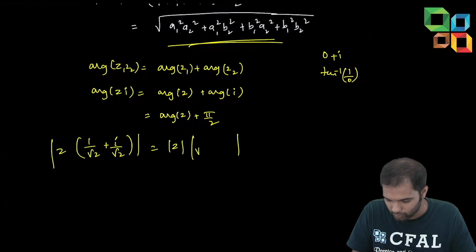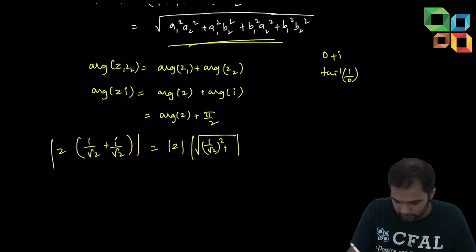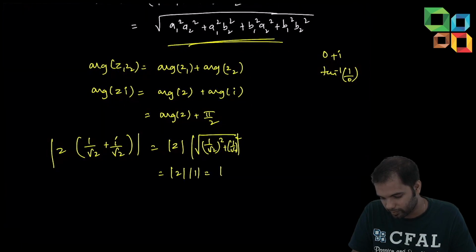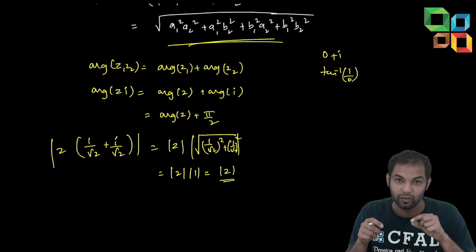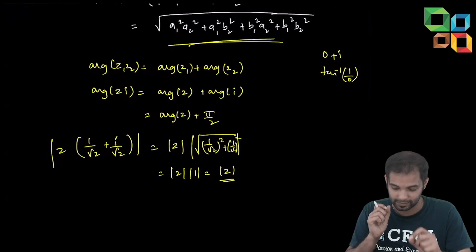So it is nothing but root of 1 by root 2 square plus 1 by root 2 square. Correct? So it is nothing but half plus half, which is nothing but magnitude of 1. So I gave a complex number in such a way that even though you multiply, the magnitude won't change. It will remain as it is.